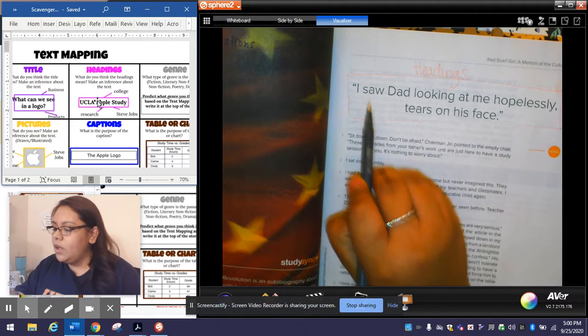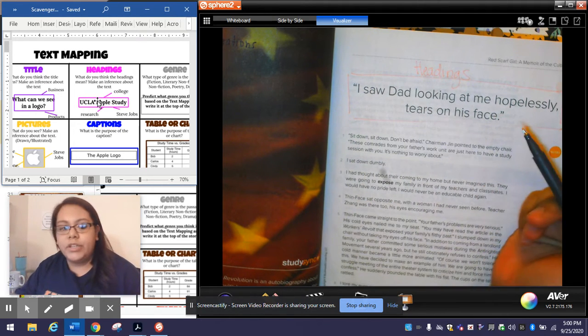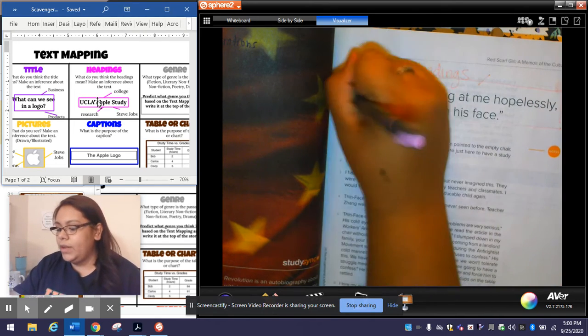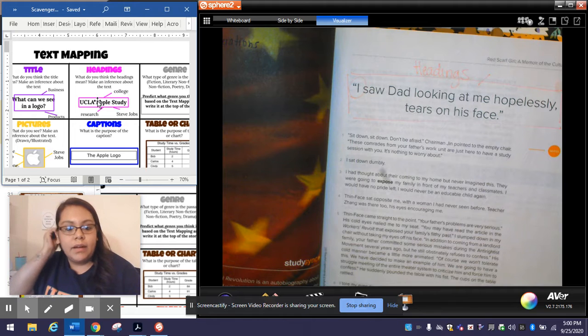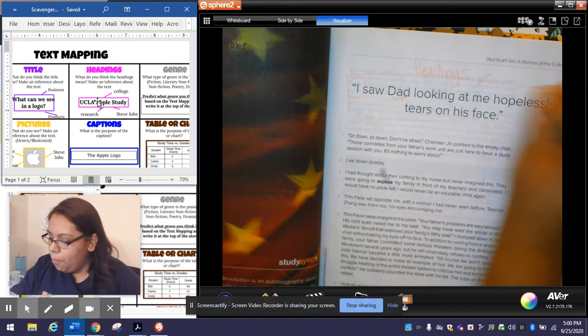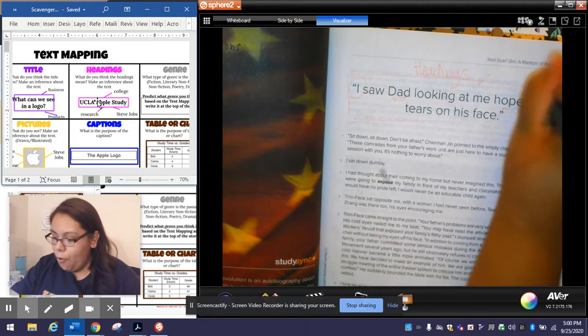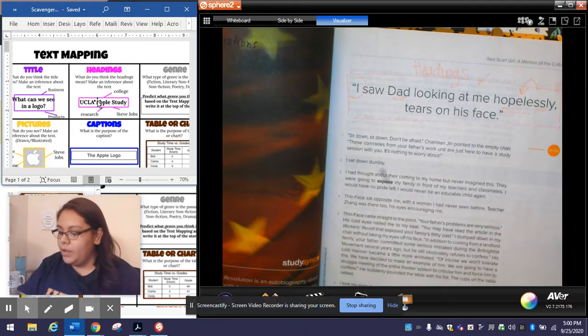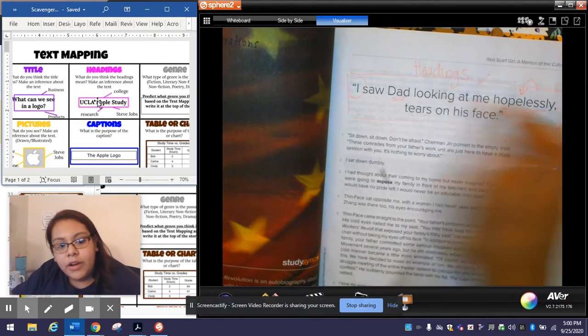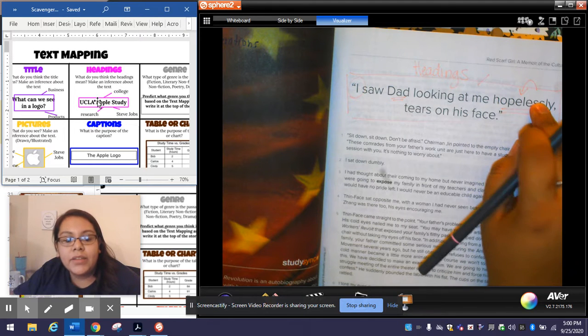So if it says, I saw Dad looking at me hopelessly, tears on his face, we know, first of all, if it says I, we can hear the thoughts and feelings of the character. It's in first person point of view. If she sees her dad looking at her hopelessly, there's no hope in him. He's not full of hope. And there are tears on his face, so we know that this reaction makes a huge impact on her.